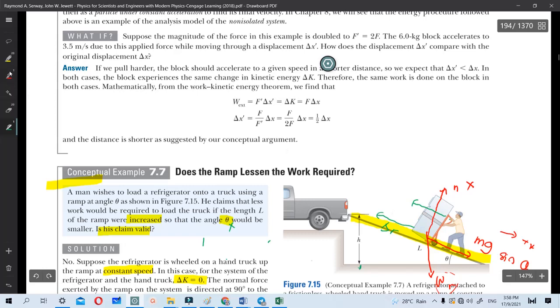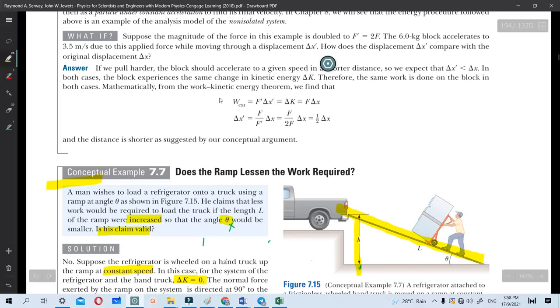Remember this example whereby you ended with a conclusion that regardless of how it moves, whether through the ramp, let me show you the ramp itself. If you move through this distance or this distance, you find that you arrive at the same answer regardless. In fact, you can have a longer ramp but the same height. You still arrive with the same amount of work.